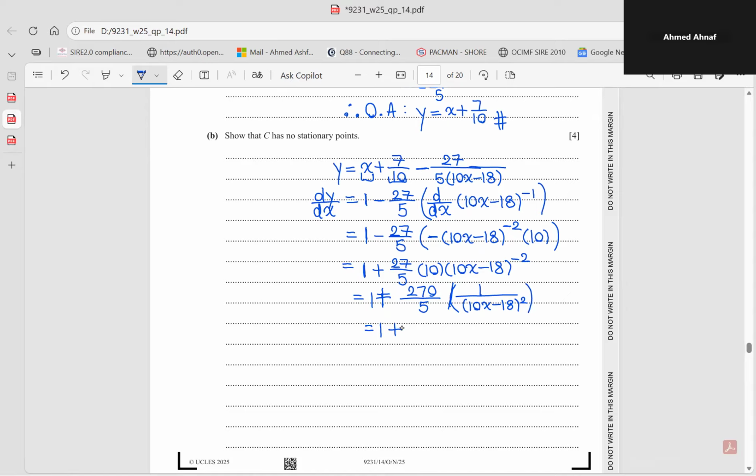So 1 plus 270/5 times 10x minus 18 squared.